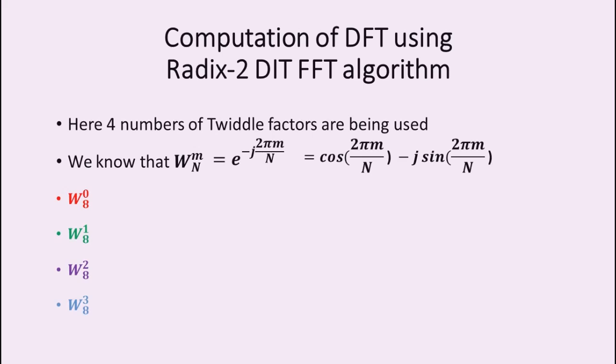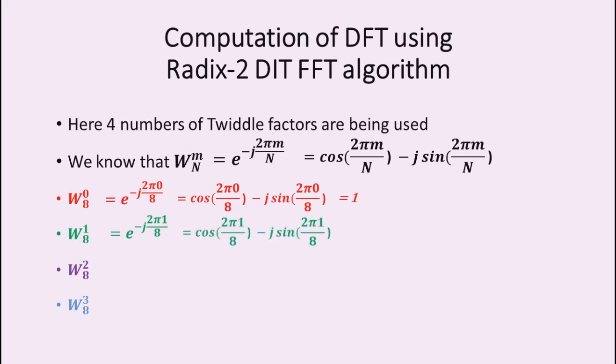So using this formula we can calculate W8 to the power 0 as e to the power minus j 2 pi 0 by 8, and that's equal to 1. And W8 to the power 1 is equal to e to the power minus j 2 pi 1 by 8, and that's equal to cos(2 pi 1 by 8) minus j sin(2 pi 1 by 8), equal to 0.7071 minus j 0.7071.